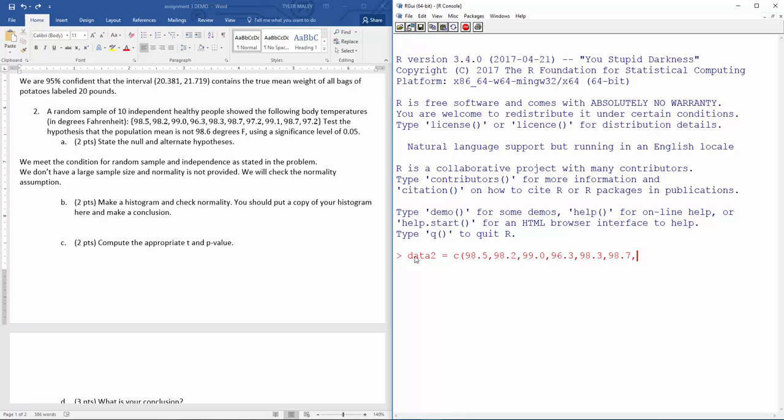Typing all these in, making sure not to make an error. I can double check these real quick. Looks to be typed in right. So we got data 2 entered in, and what we were doing was getting a histogram of data 2.